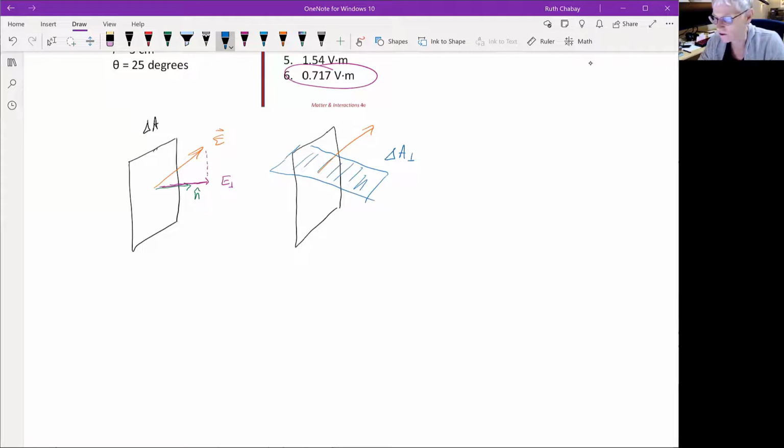Not always all that useful, but let's try to draw it so it actually looks perpendicular. So delta A perpendicular to E might look something like this.